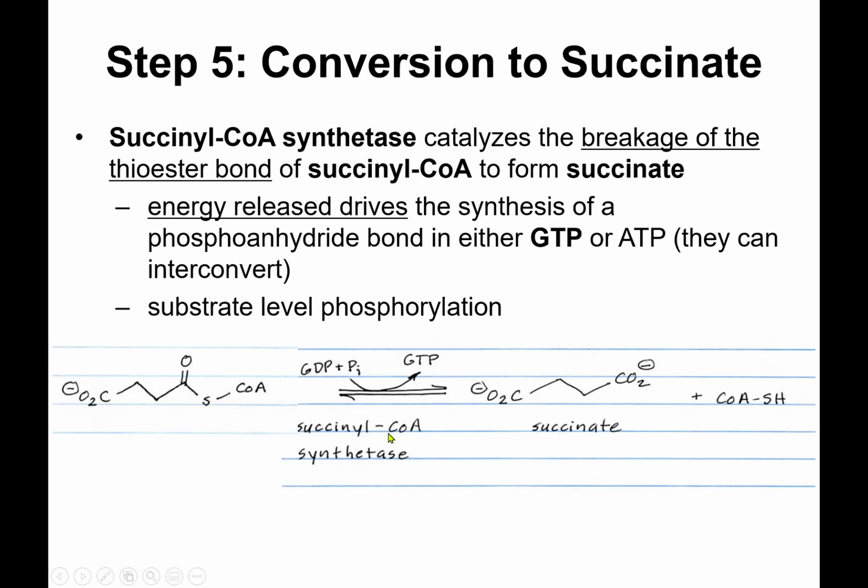And in a slightly oddly named enzyme, succinyl CoA synthetase, in cleaving this bond, we're going to release the energy needed to form GTP from GDP and Pi.